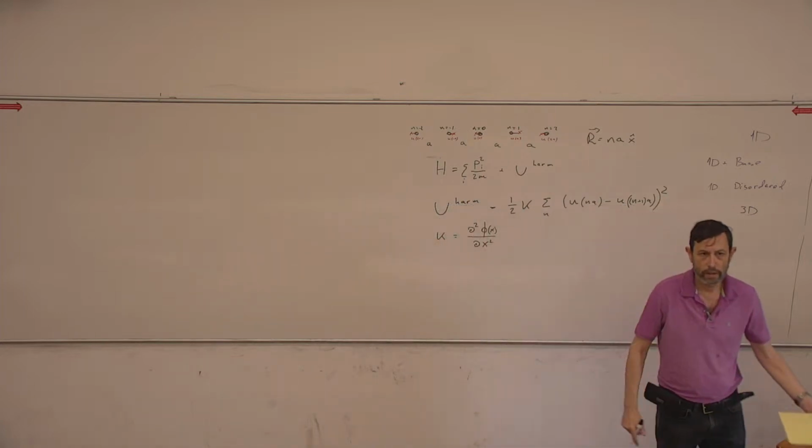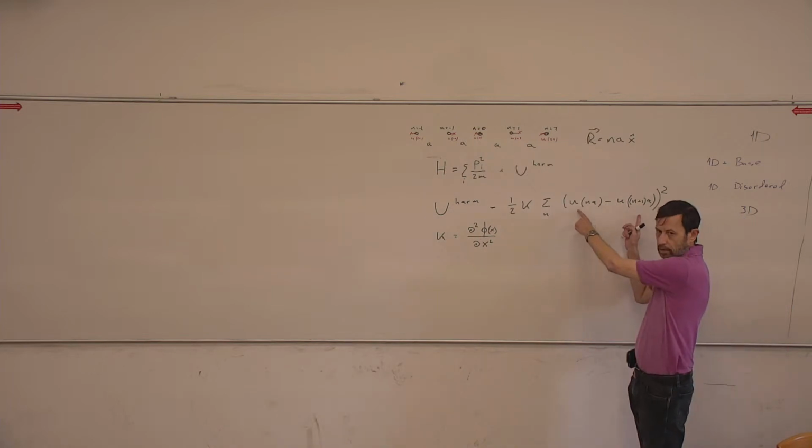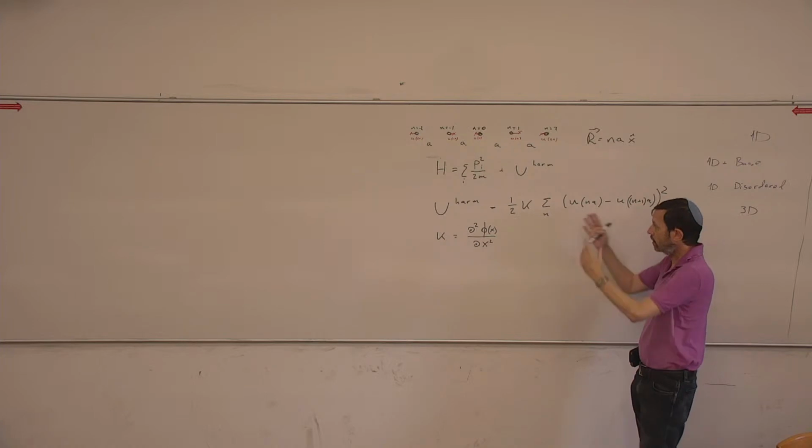So if none of them has any deviation, all u's are equal to 0, I get 0.